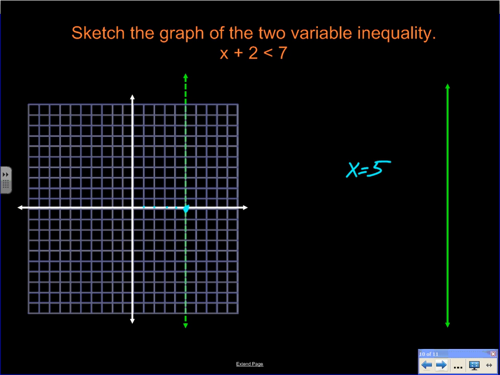I'll pick a value for x and y. Pick 0, 0. Plug 0 in for x. And 0 plus 2 is 2. Is 2 less than 7? Yes, it is. So, since 2 is less than 7, we know 0, 0 is a solution.